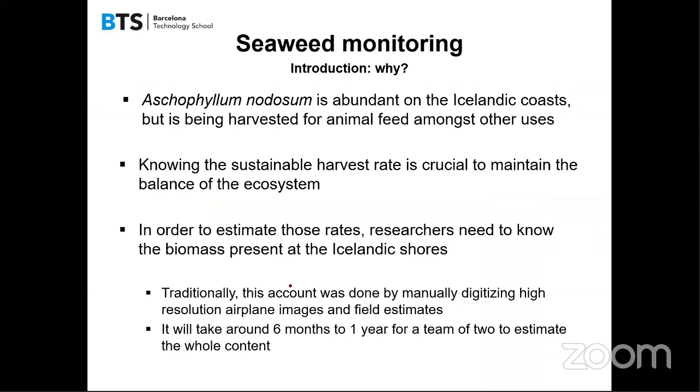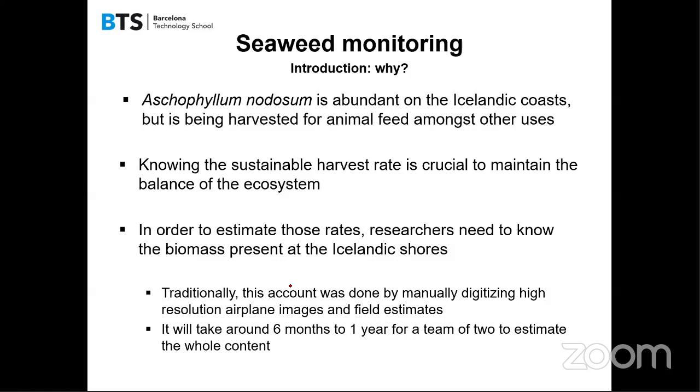So this Ascophyllum nodosum, which is one of the types of seaweed, is very abundant on these Icelandic coasts, but is harvested usually for animal feed, for farmers, and for other types of uses. Even if there is a lot of it, they need to know the sustainable harvest rate in order to maintain the balance of the ecosystem, because it takes a long time for this seaweed to grow.